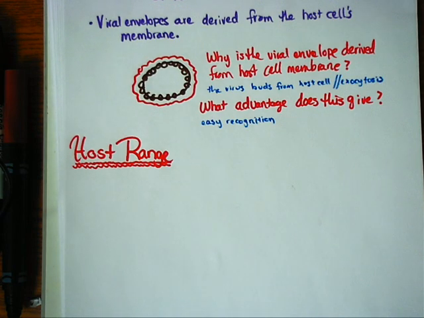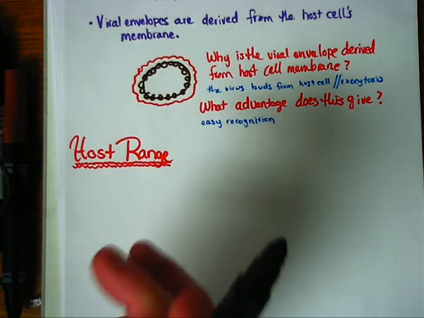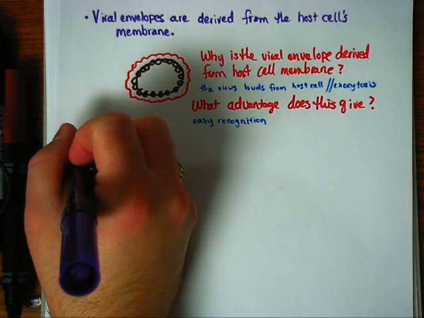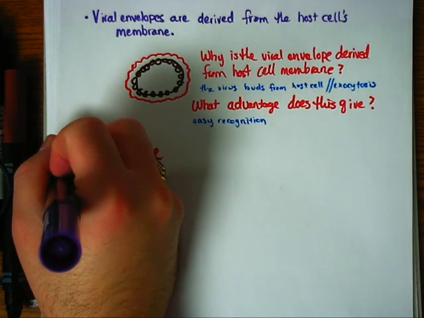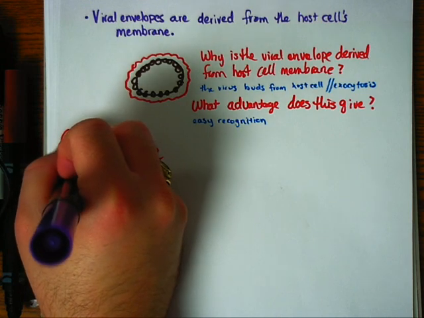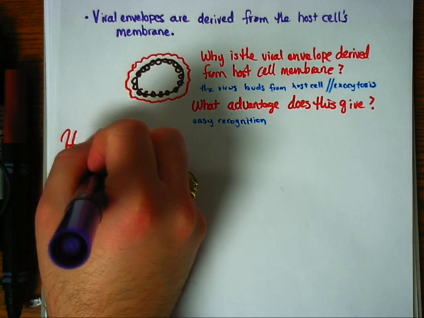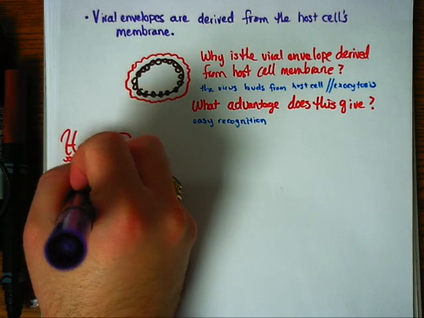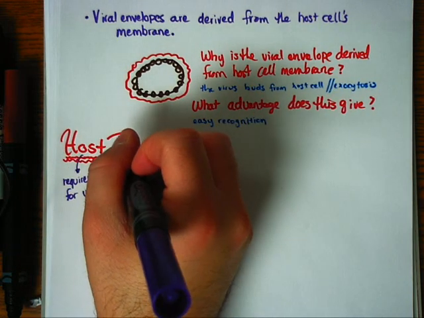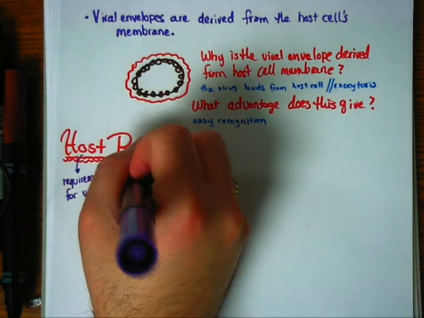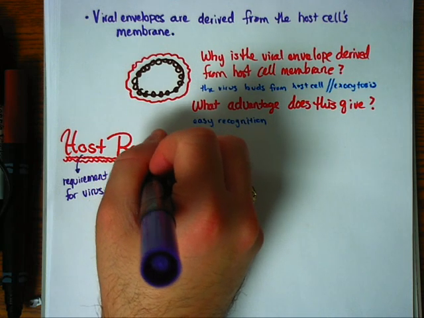Let's look at the host range. We know what a host is, right? A host is the required organism for a virus. And the range is going to be the specific type of cell.